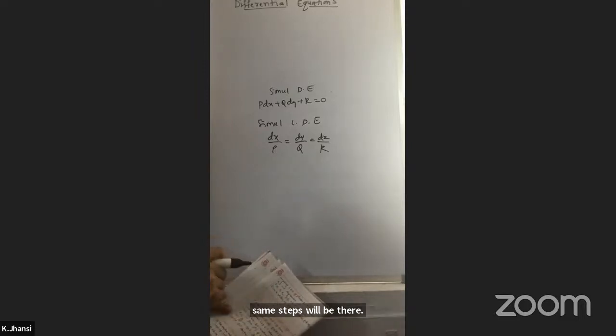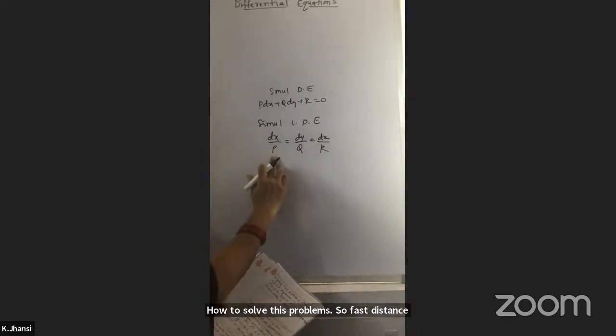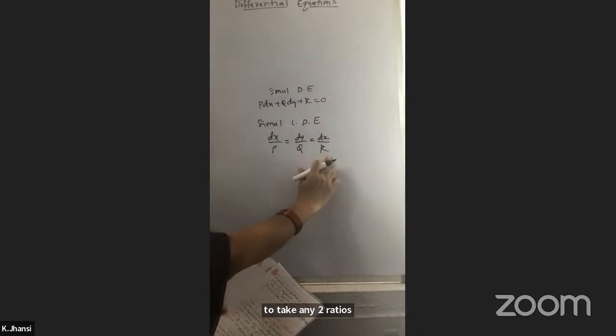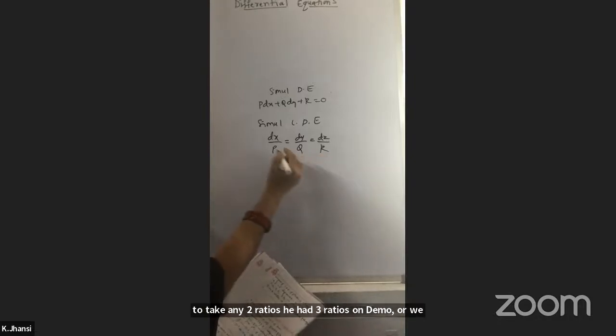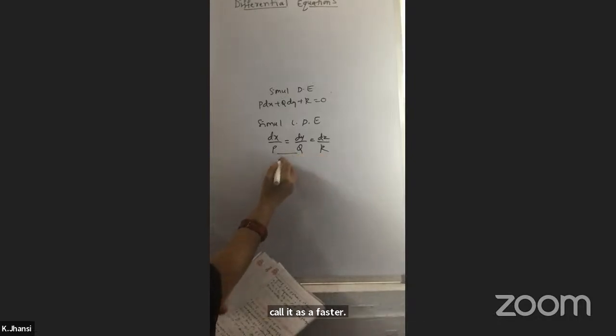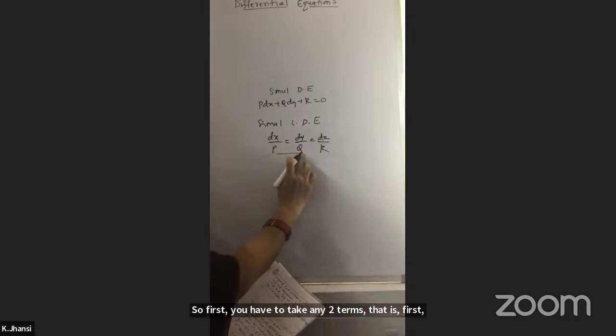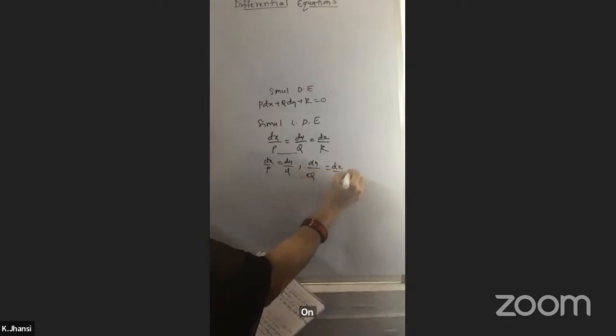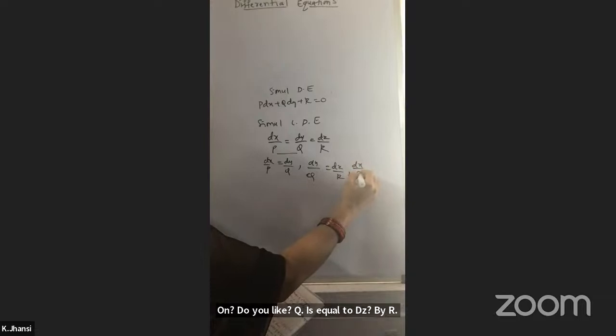First step, you have to take any two ratios. Here 3 ratios are there, or we call them the first term, second term, and third term. First you have to take any 2 terms, that is first and second, or second and third, or 1 and 3. That is dx by P equals dy by Q, or dy by Q equals dz by R, or the third one.